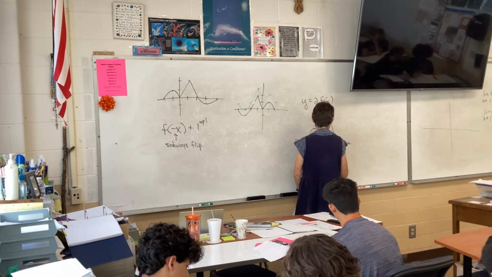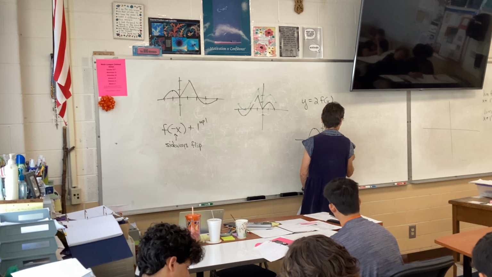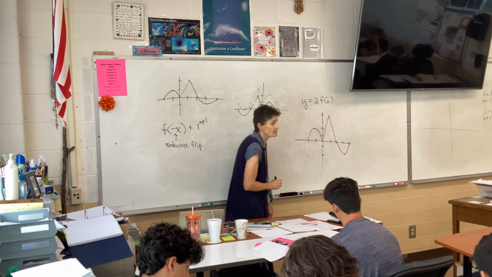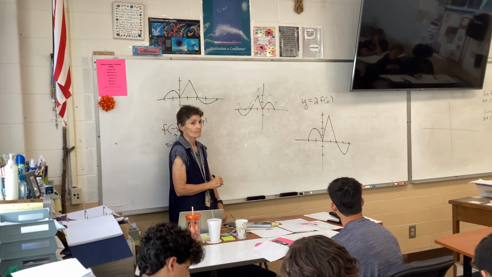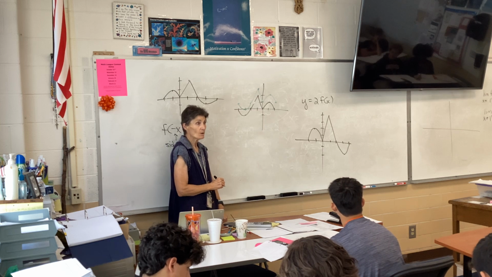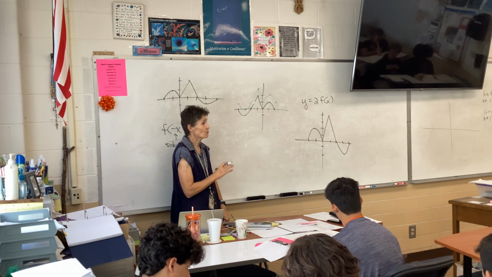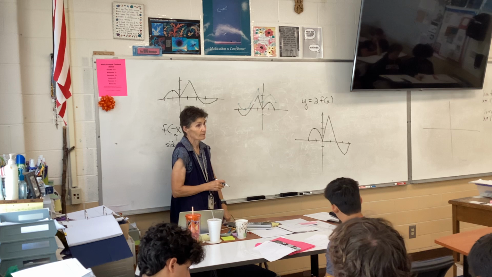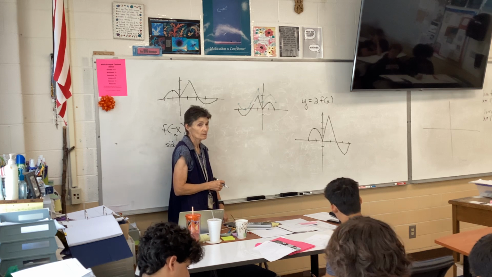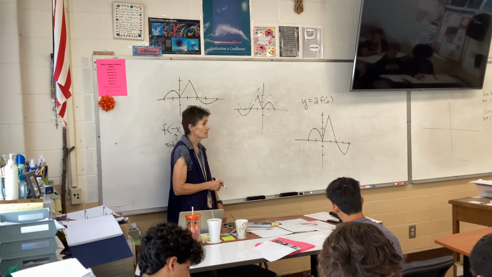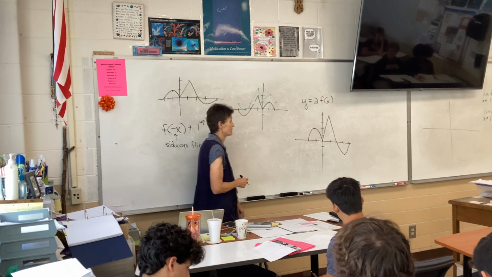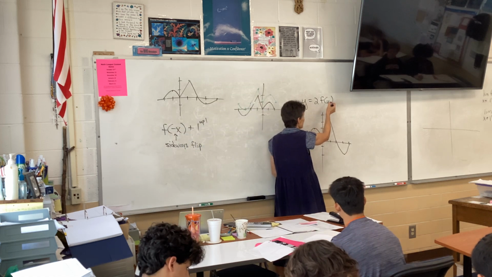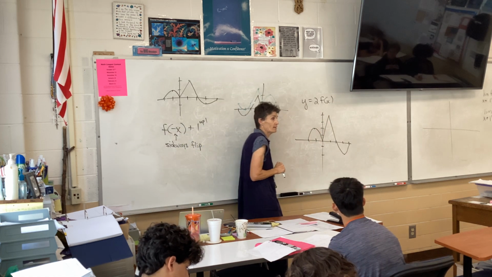And the semicircle is going to go down 2. So there it is. Okay, these are not hard, but you have to know the rules, or you can't do it. So a coefficient out in front multiplies the height. A coefficient in here divides the width.